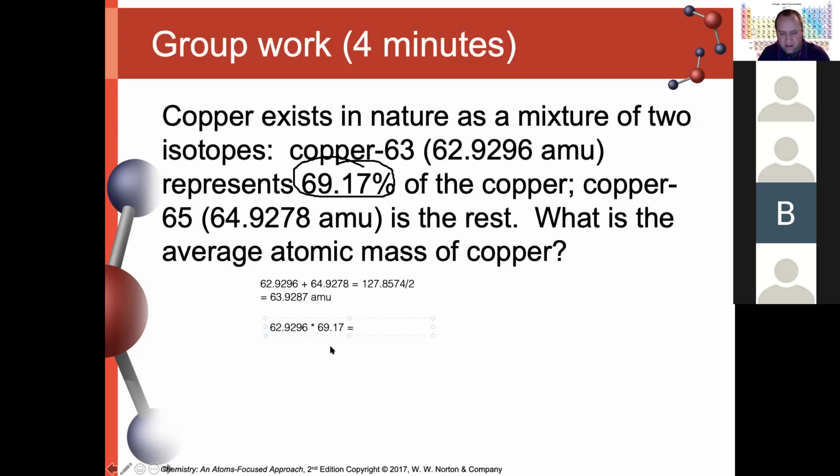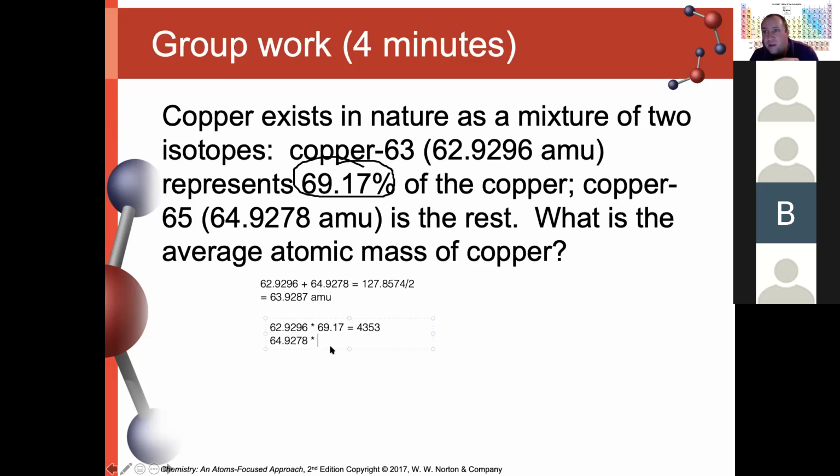So 62.9296 multiplied by 69.17% gives me 4,352.53. And yes, we are going to carry our significant figures here. I also see that I have 64.9278 multiplied by its percent abundance.